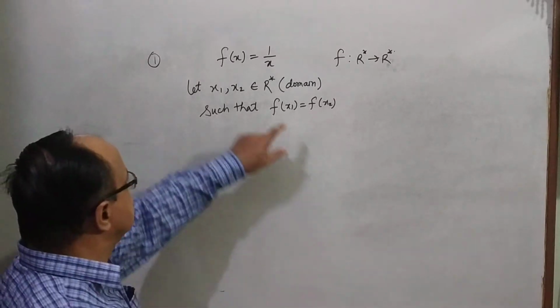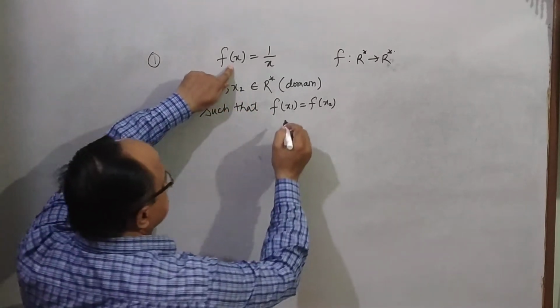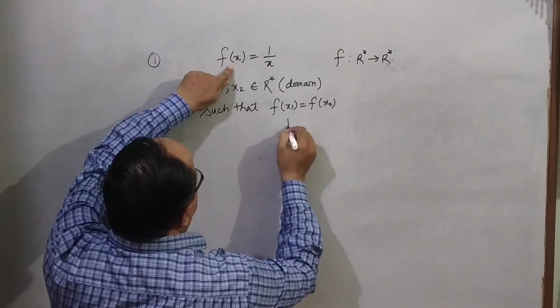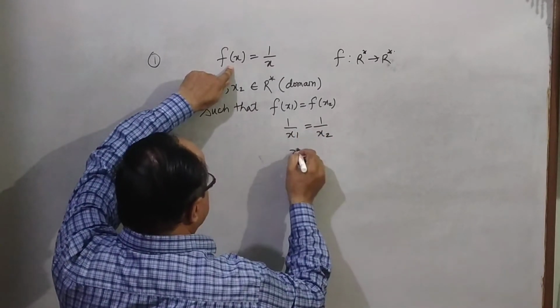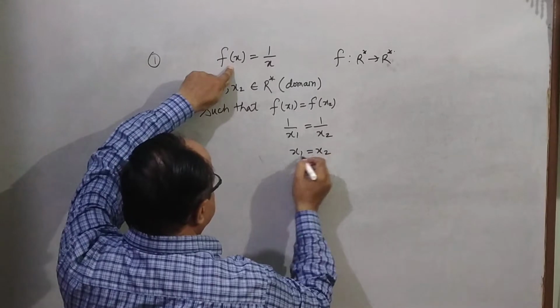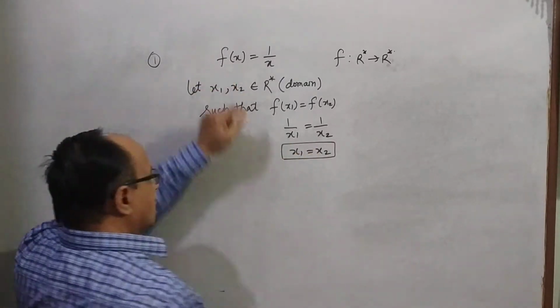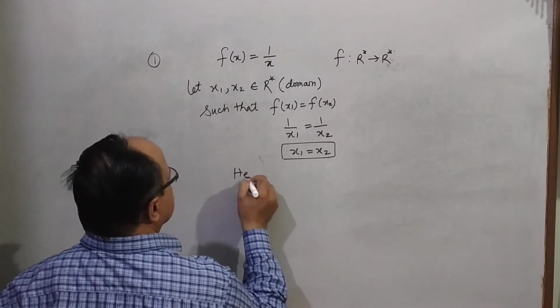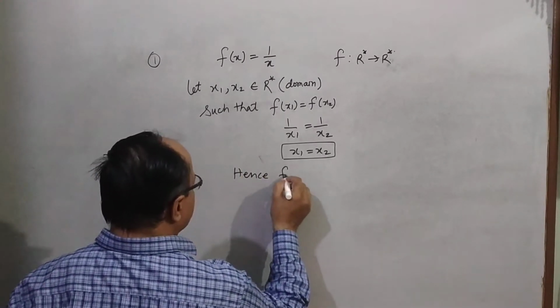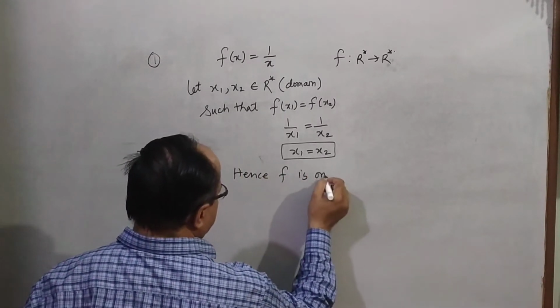So from this relation, f of x1 is 1 by x1 and f of x2 is 1 by x2. Cross multiply, you will get x1 is equal to x2. Hence the function is 1-1.